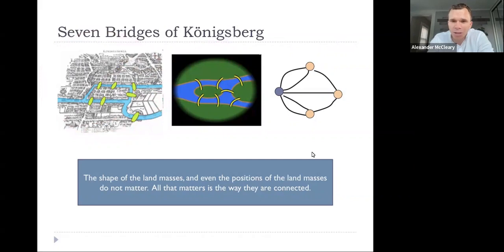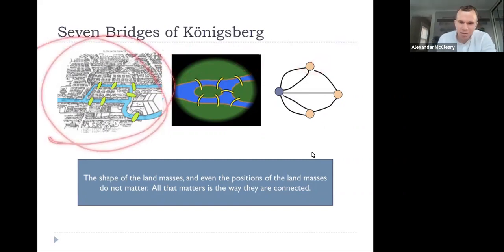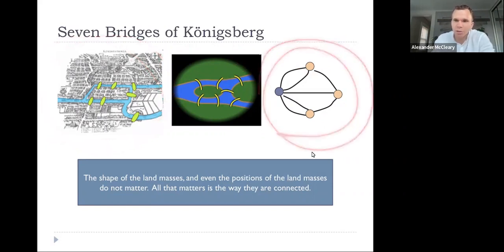But now you can take this one step further. If what you're doing over here doesn't matter at all, you can just collapse this whole landmass down to a single point. That's exactly what Euler did. He turned a very complicated problem like this into just this picture, which is much simpler. And he was able to solve this.